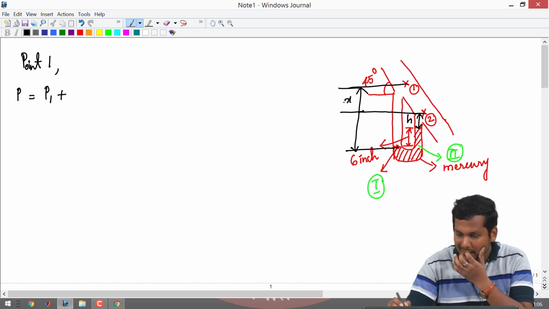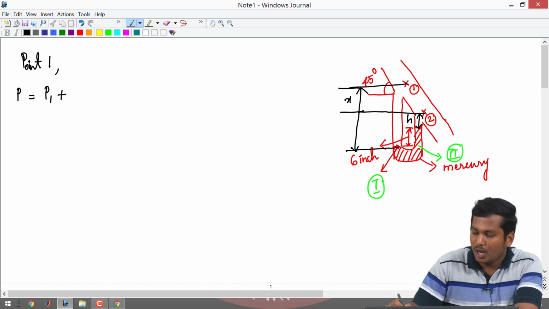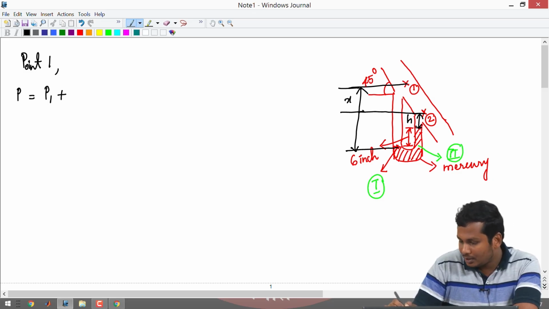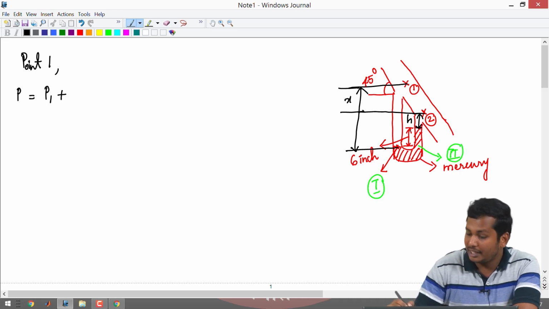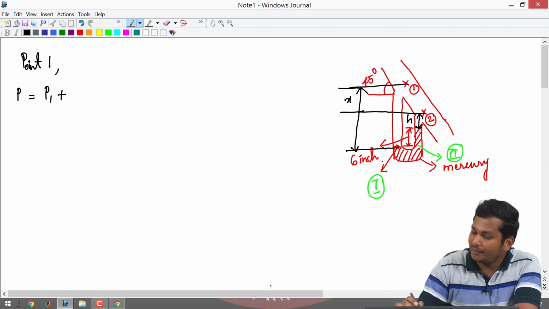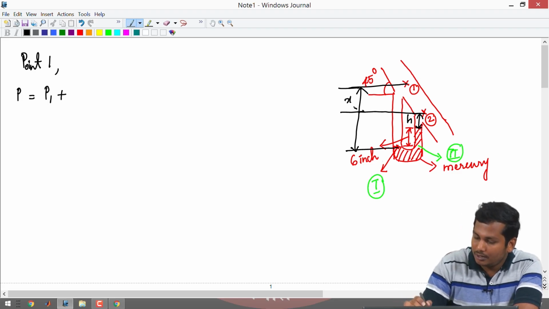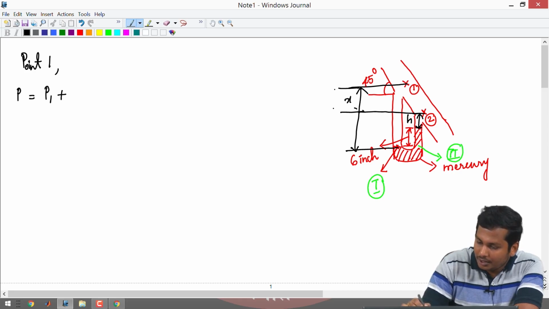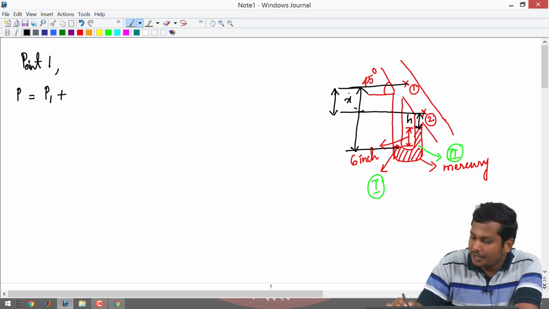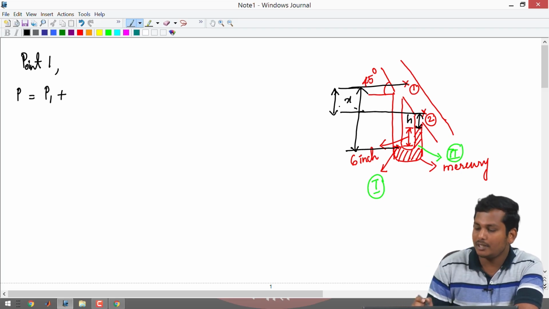So I repeat that the distance between the point 2 and the manometric reading in the right limb is h, and the difference between the two manometric limb heights is given as 6 inches in the problem, and we consider that the vertical distance between point 1 and point 2 is x.